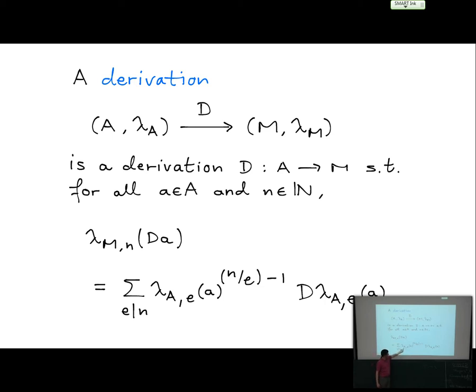Here, this is not the eth lambda operation that you might be used to. This is the eth Witt component of the Witt vector lambda A. So these maps are not additive at all, but the sum is.